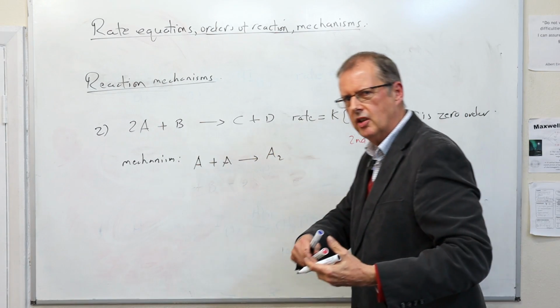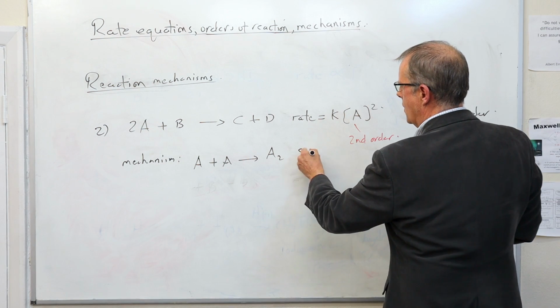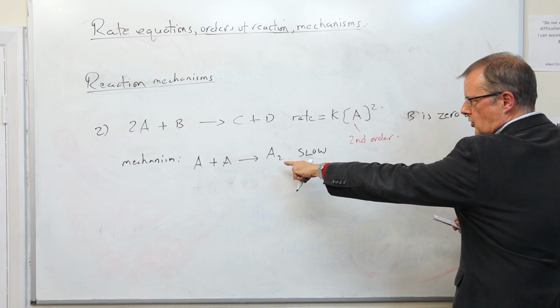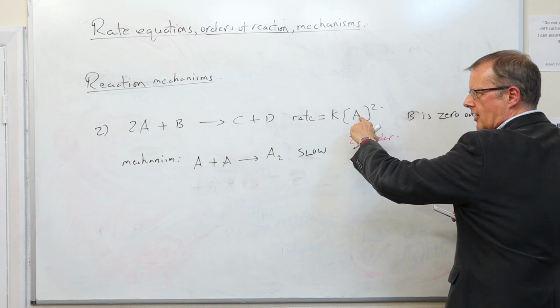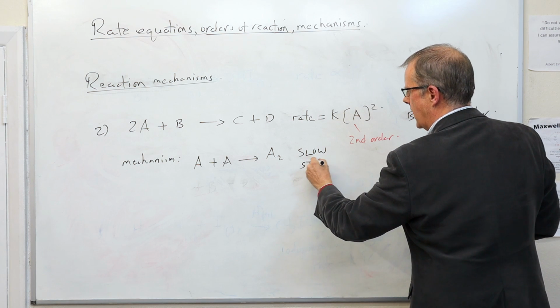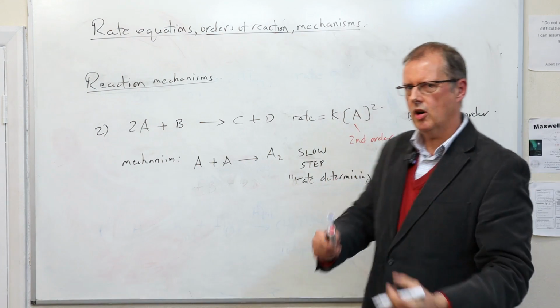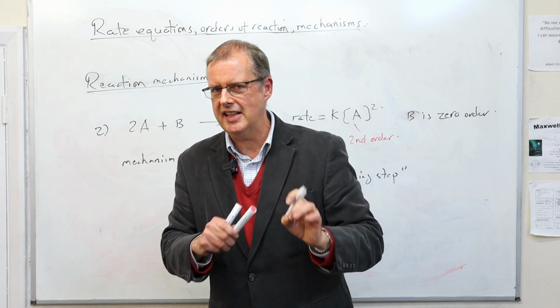It's a sort of doubled up molecule. These need to combine together, and this is a slow step. The slow step is what's in the rate equation. A's in the rate equation, so this is the rate determining step.